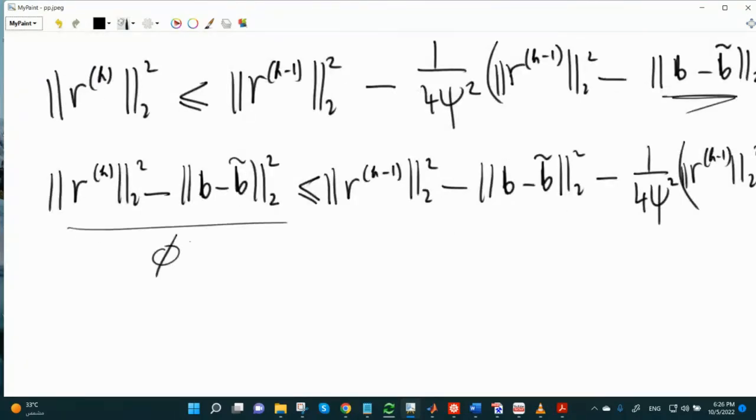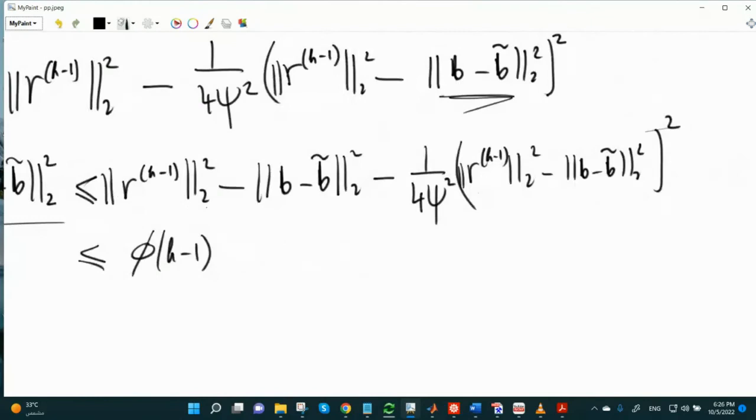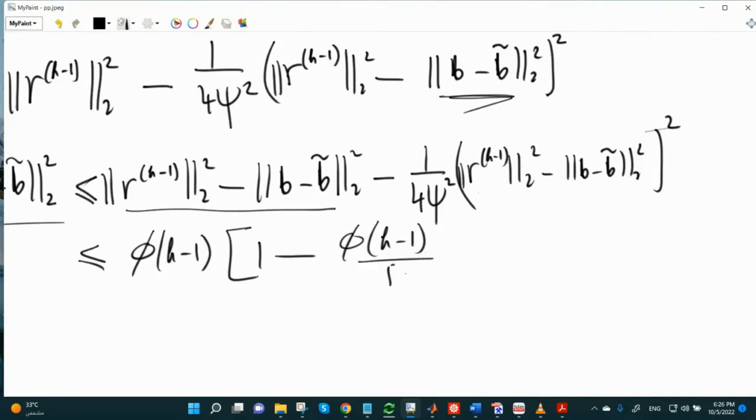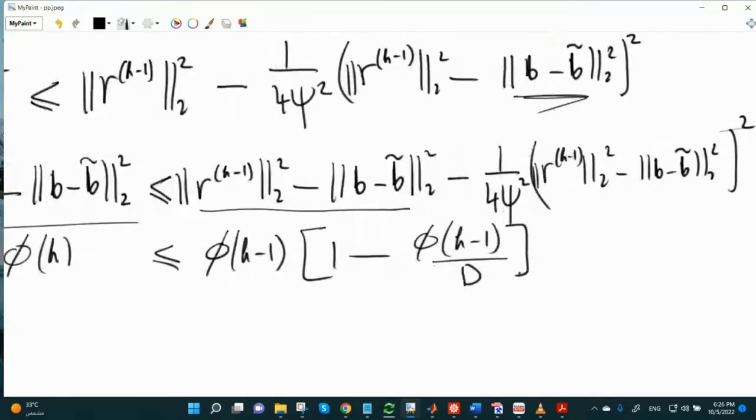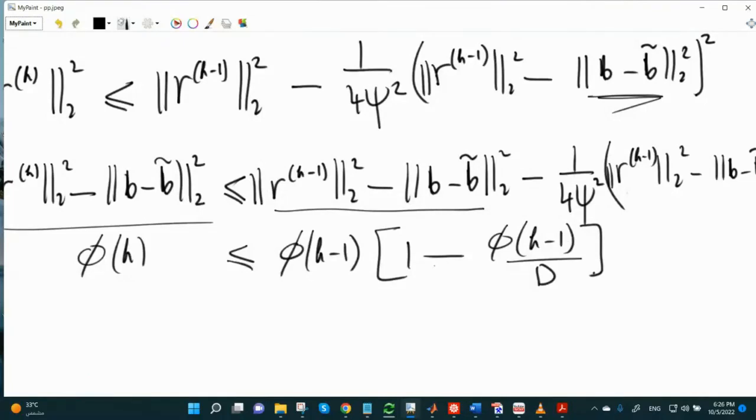Let's say that this is phi of k. So this is phi of k minus 1. Note that we have this term here, and it's a square. We can take it as a common factor. So this is phi of k minus 1 over d. We have this recursive inequality, and we want basically to have phi of k on one side and on the other side something that depends only on k.